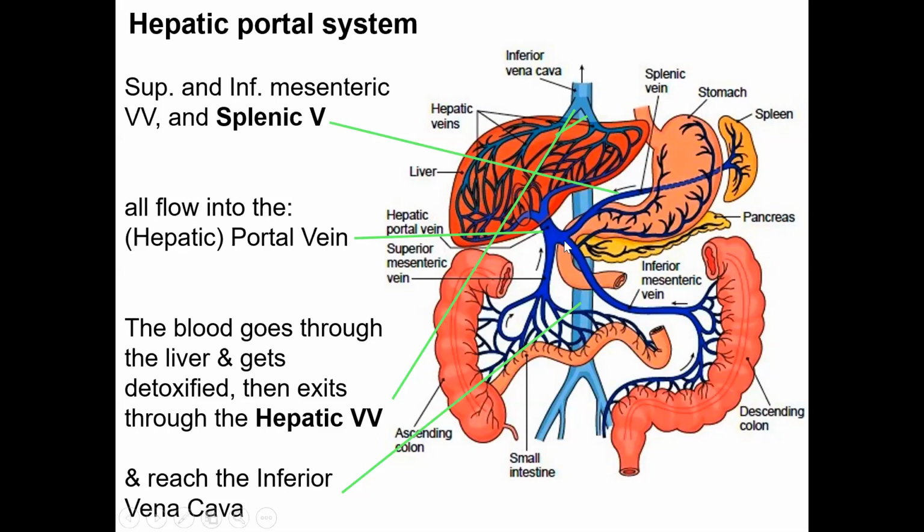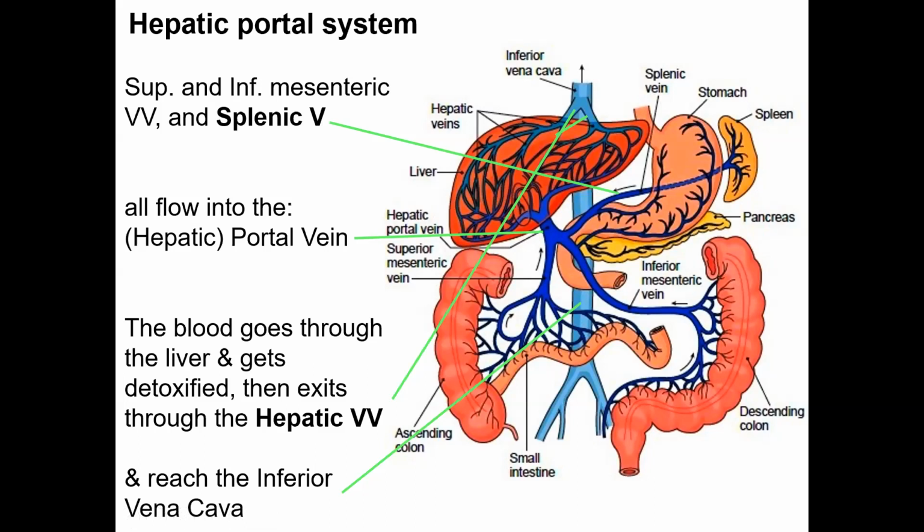So it goes directly to the liver, and it does so via the portal vein. So we've got the splenic vein coming from the spleen, also bringing some blood supply from the stomach. We've got the inferior mesenteric vein that I mentioned earlier, draining parts of the colon and intestines. We've got the superior mesenteric vein, again, draining parts of the colon and intestines here. And those three join together to form the portal vein. The portal vein brings all of that blood to the liver to detoxify and to store nutrients.